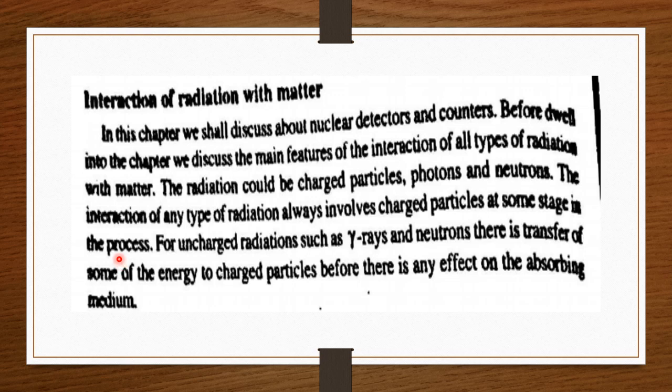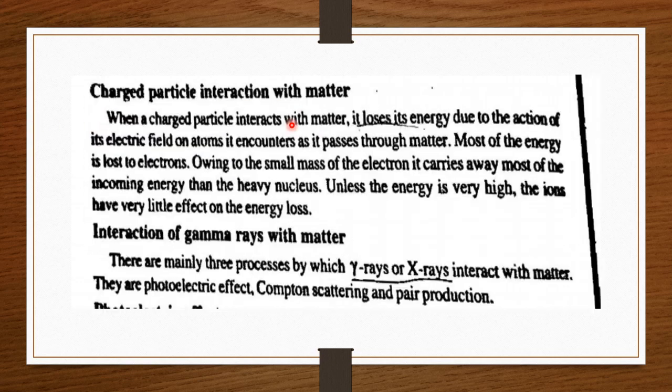Even though there are some uncharged radiations coming out from the nucleus, there is some interaction with a charged particle at some stage in the process. So for uncharged radiation such as gamma rays and neutrons, there is a transfer of some of the energy to a charged particle before there is any effect on the absorber. These are the processes we are going through inside the detectors and counters.